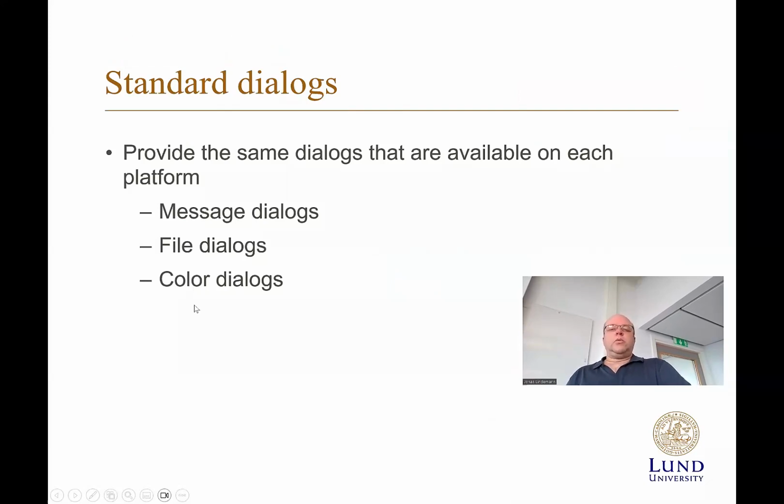And there's also a way of selecting colors, and there are multiple other dialogs you can use. The idea with those is that they will bring up the operating system's file dialog. So if you're on a Mac, you will get a file dialog that looks like a Mac. It is the Mac file dialog, and on Windows, it's a Windows file dialog.